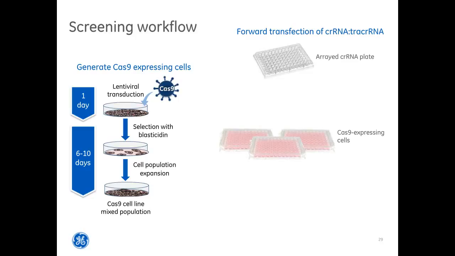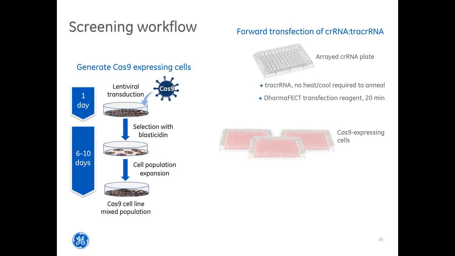Then in a separate plate containing our CRISPR RNAs, so the experimental designs as well as positive and negative controls, we added the tracer RNA and then added the Darmeffect transfection reagent. Now I want to point out here that there is no requirement for a heating and cooling step to anneal the editor CRISPR and tracer RNA.